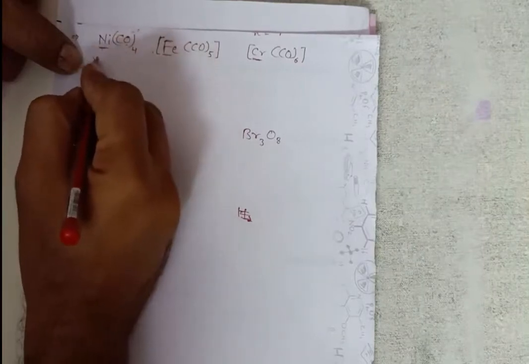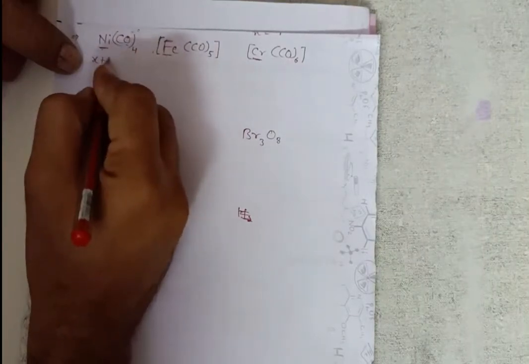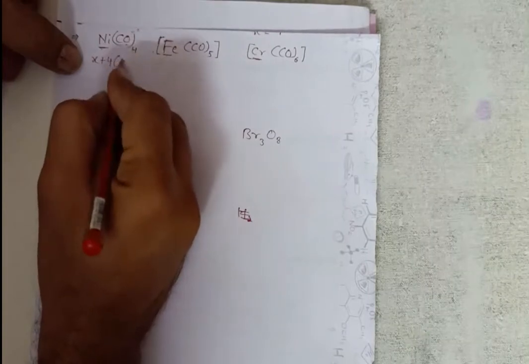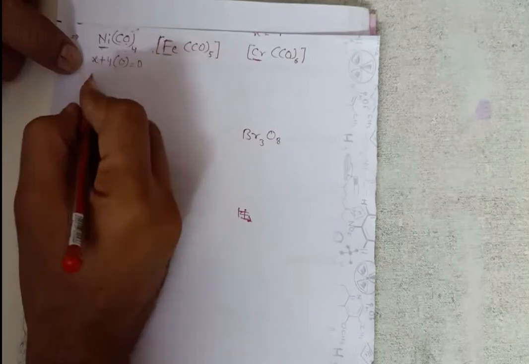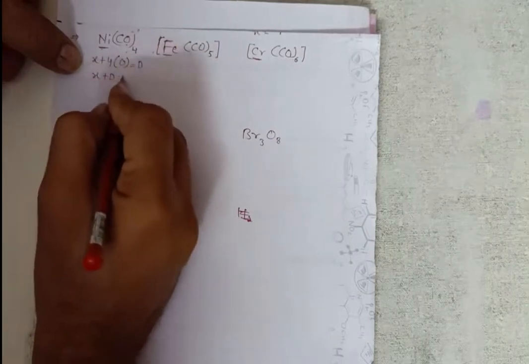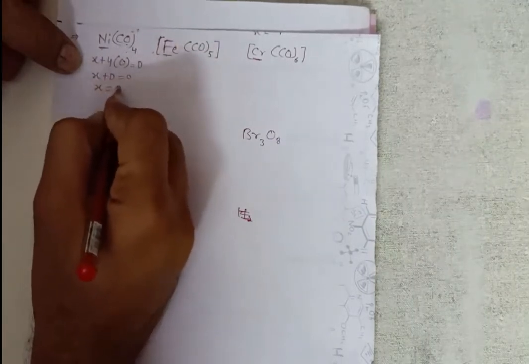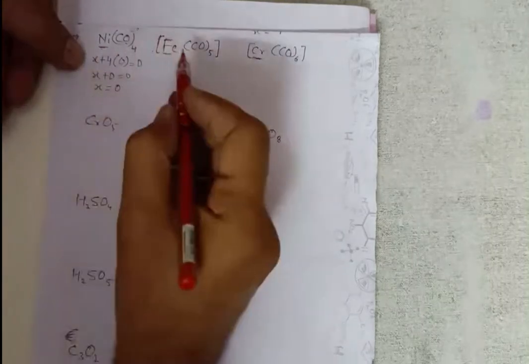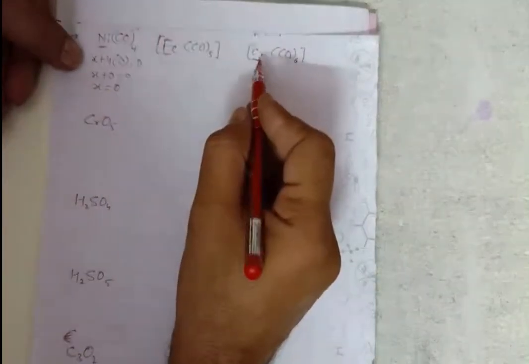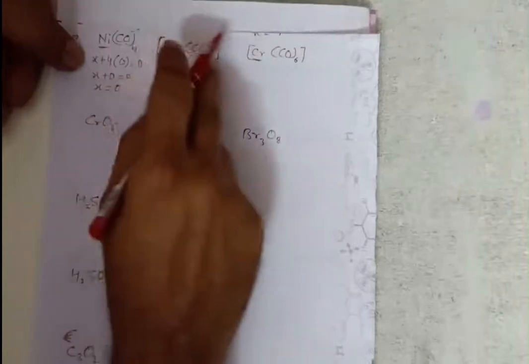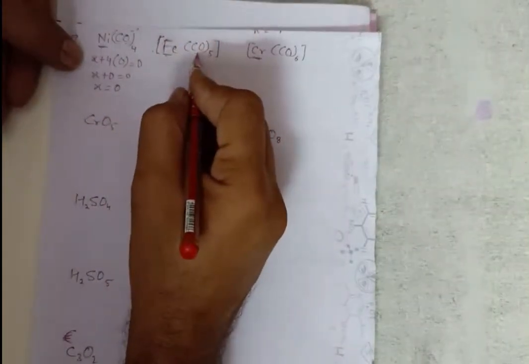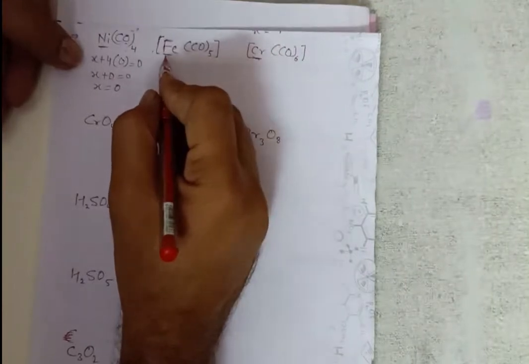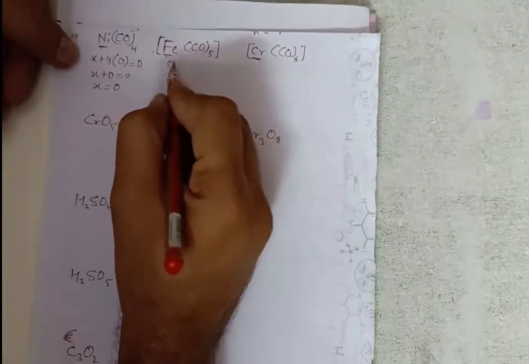Okay, if I write x here, then write plus, then write subscript. The oxidation number of CO, meaning carbon monoxide, is 0. Total must be equal to 0. The x plus 0 is equal to 0. The oxidation number of nickel will be equal to 0. Similarly here and here also for iron and chromium. So in case of metal carbonyls, meaning when metal is combined with carbon monoxide, the oxidation number of metal is always 0. So here is 0 and here is also 0.